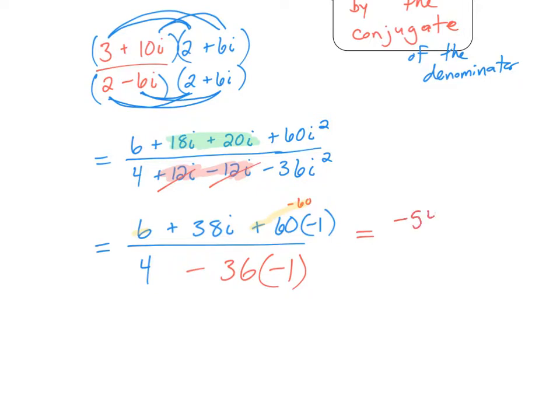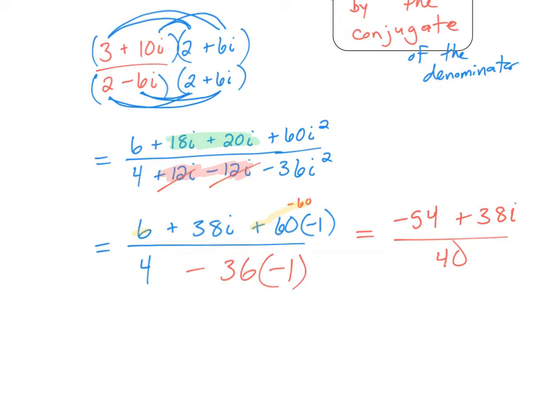So negative 54 plus 38i on the top, and on the bottom, this is really 4 minus 36 times negative 1, which is 4 plus 36. We would get 40. So negative 54 plus 38i over 40.